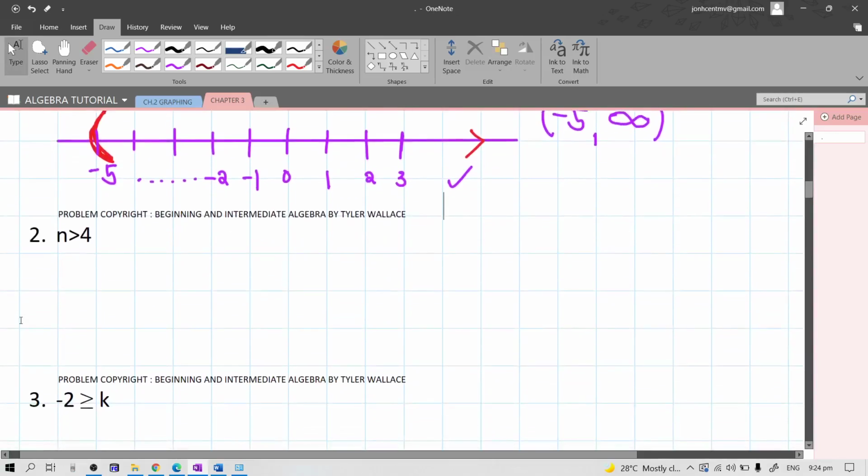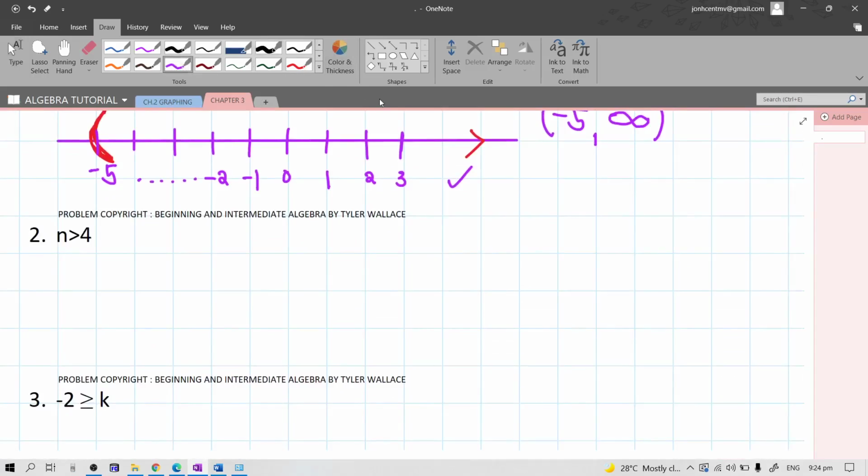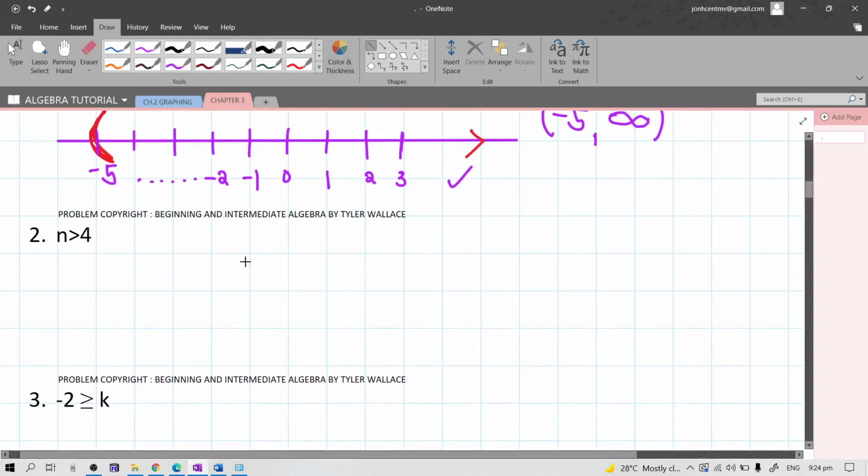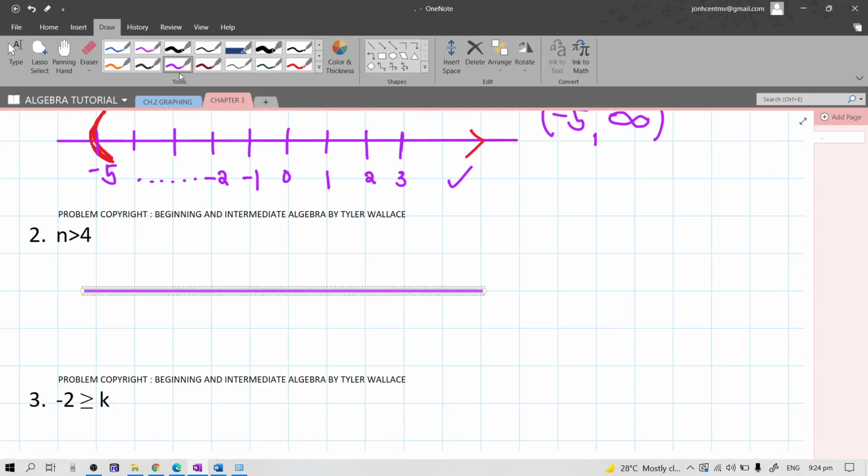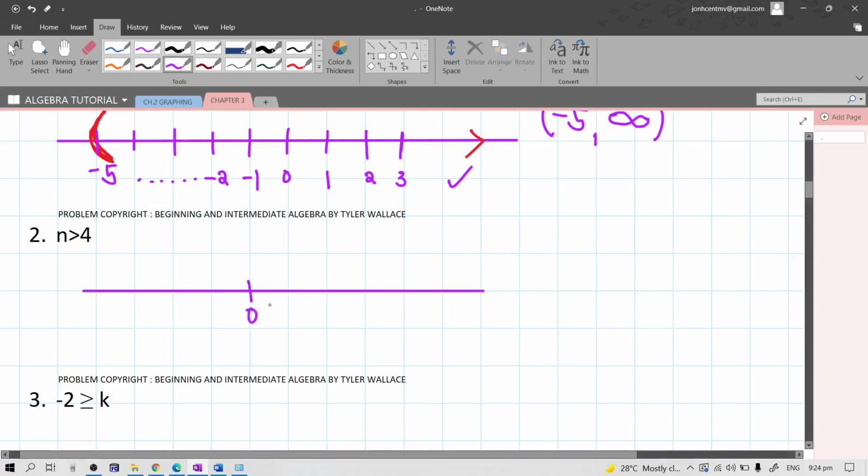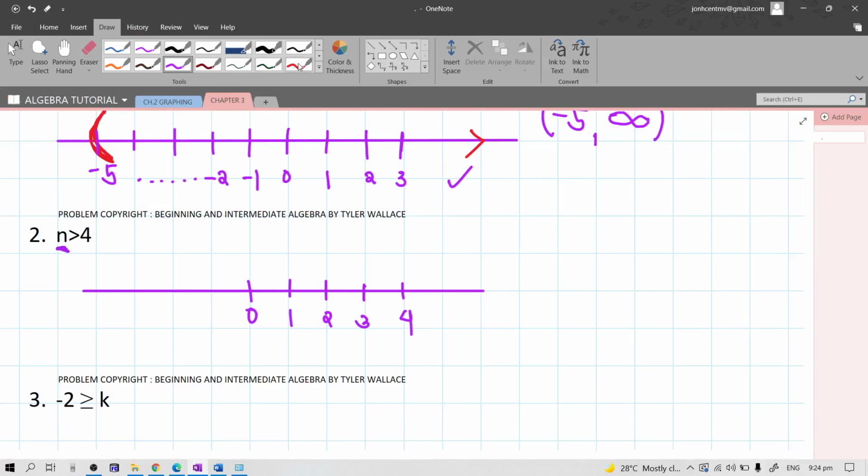Next, for the problem number 2, we have a number is greater than 4. Okay? So, let's graph it uli. So, let's say this is the 0. 1, 2, okay, 3, 4. Okay, so, a number is greater than 4.